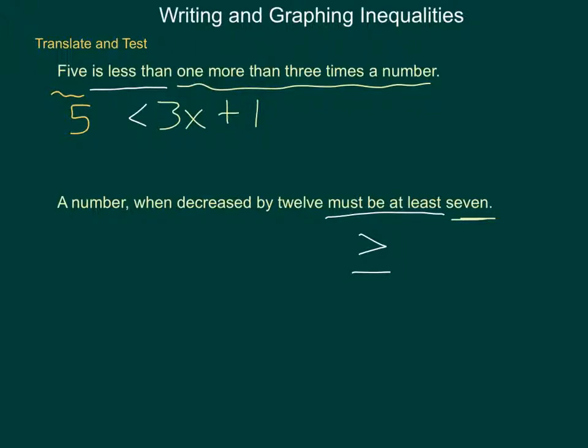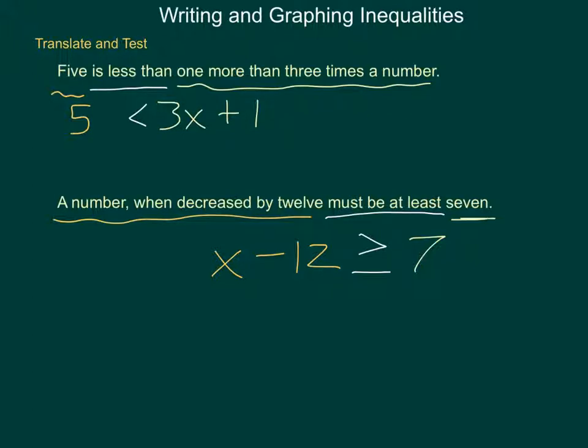That tells us that it is 7. And then what is that? A number when decreased by 12. So some number decreased by 12 is greater than or equal to 7. Looking for the numbers, looking for the key phrases for the inequalities, as well as our other mathematical operations, helps us to be able to interpret these.